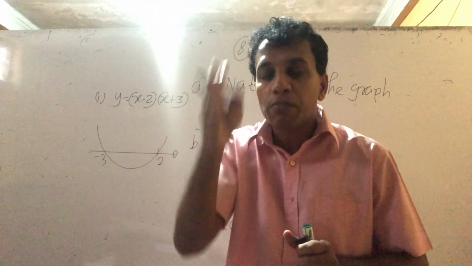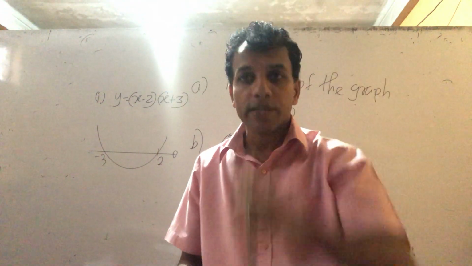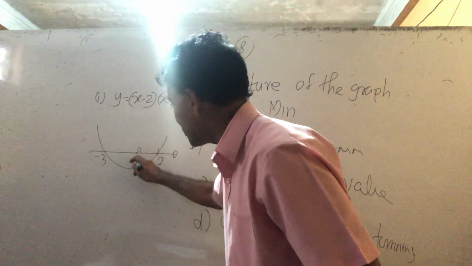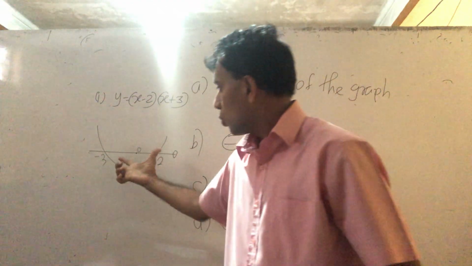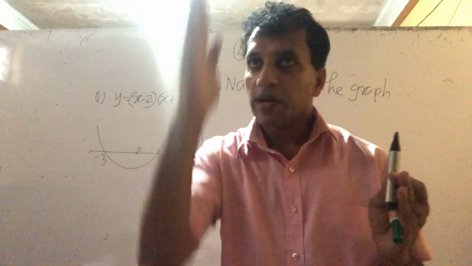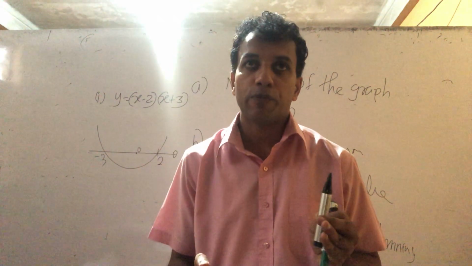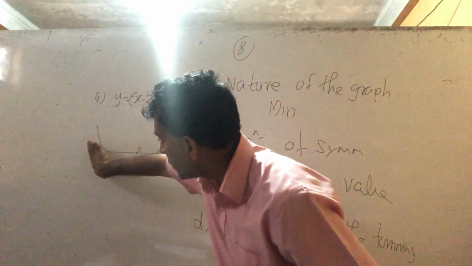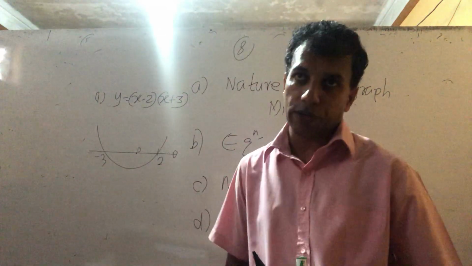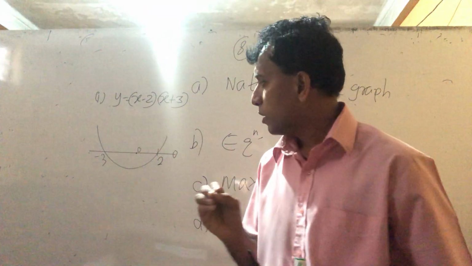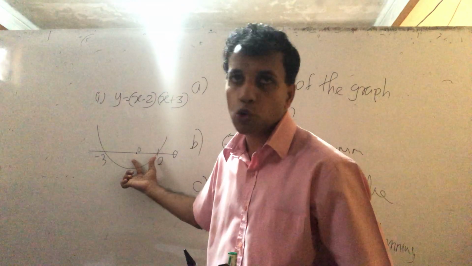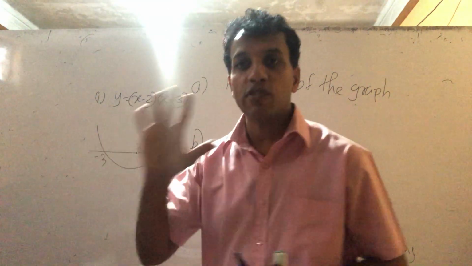So what does symmetric mean? Right half. Right half is the symmetry. Somewhere here is the origin. Totally 5 units. So what does half mean? 2.5. That means from here increase 2.5 or from here decrease 2.5. From here, 2 units, here 3 units, totally 5 units.